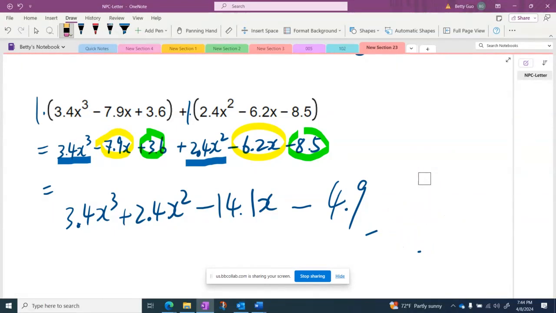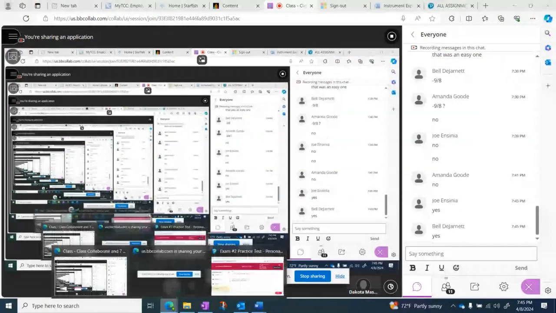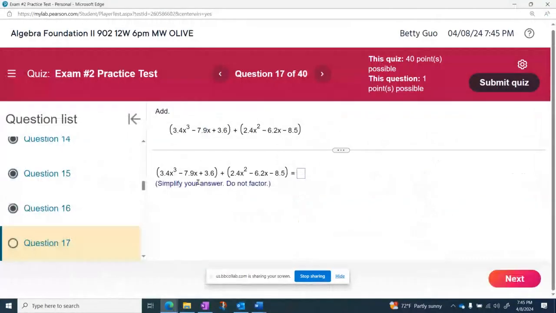Do you have the same answer, guys? Adding polynomials is very easy, so they make it a little bit challenging by using decimals as coefficients. So that's question number 17.